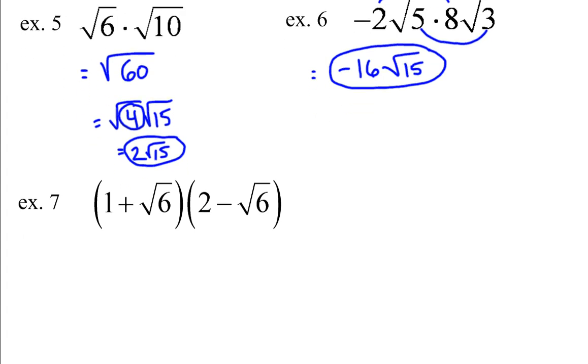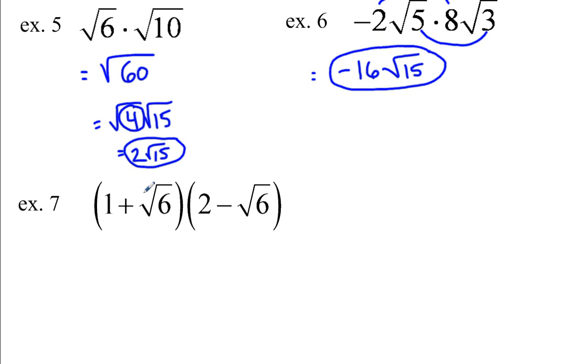In example 7, it's a binomial times a binomial. So if you remember, we're going to distribute here. We're going to do 1 times 2, 2. 1 times negative root 6, negative root 6. Now I'm going to distribute the radical 6.